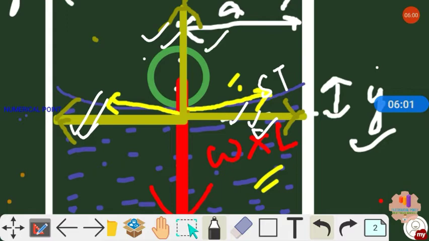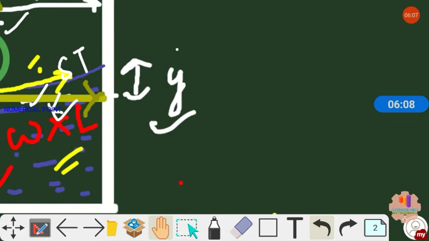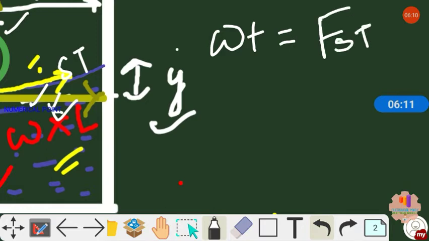So for equilibrium, weight is equal to the vertical component of the surface tension force. Weight we know, that is W into L, but the vertical component of the surface tension force we don't know.